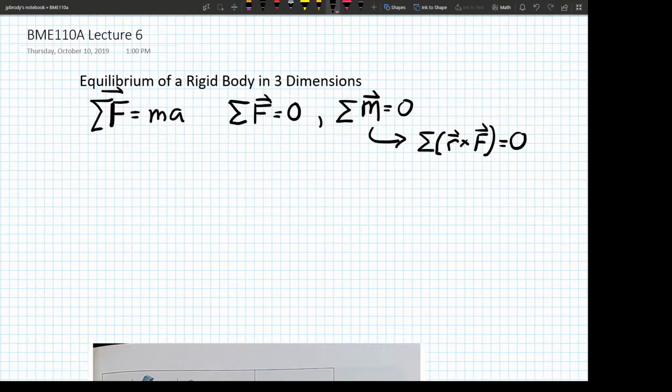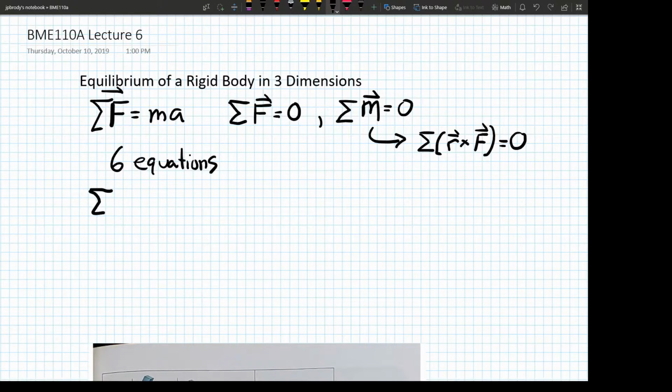So these 2 vector equations give 6 equations in 3 dimensions, and the 6 equations are just this.